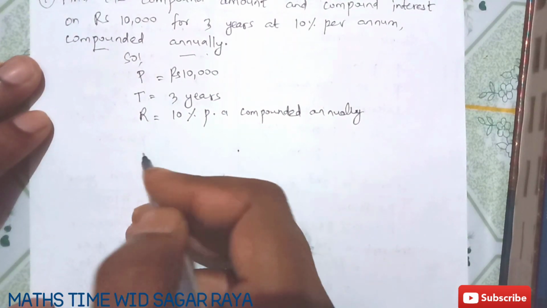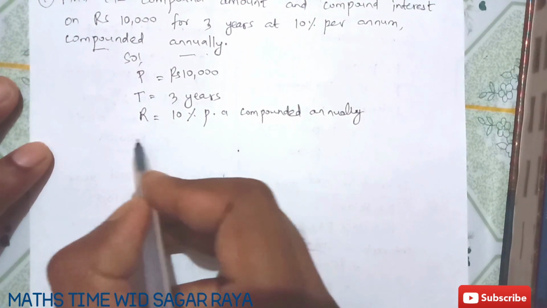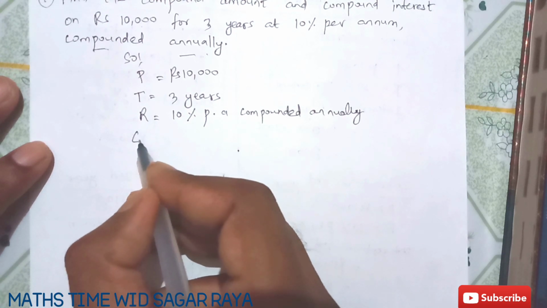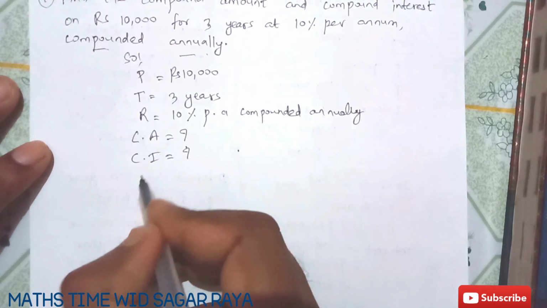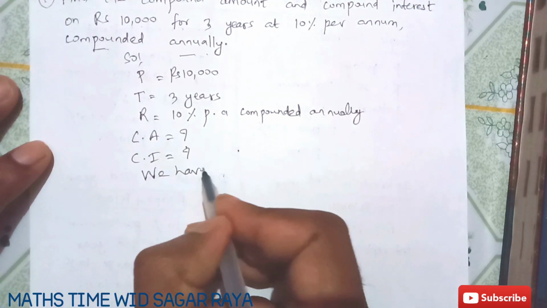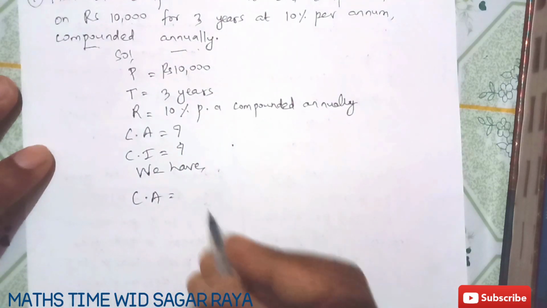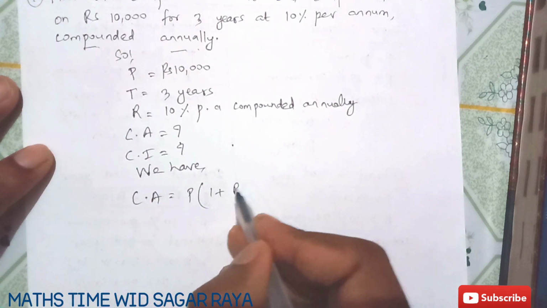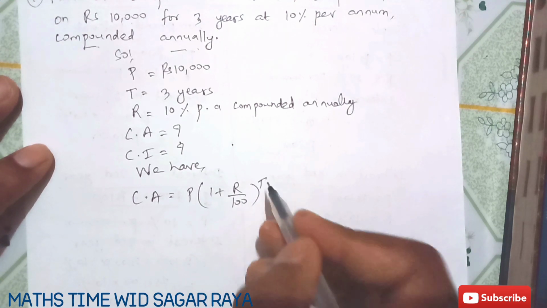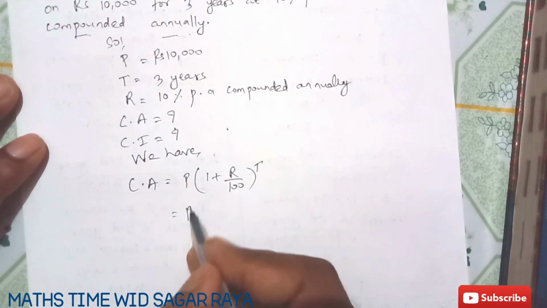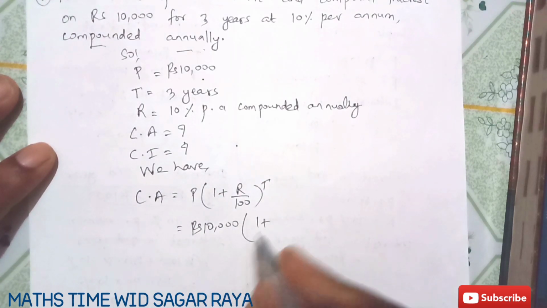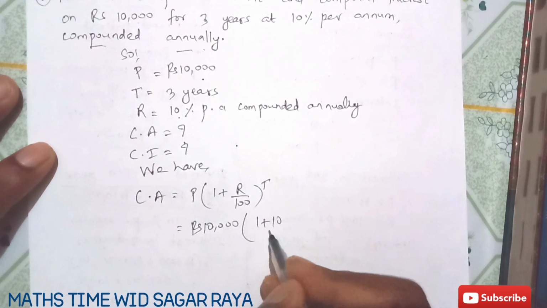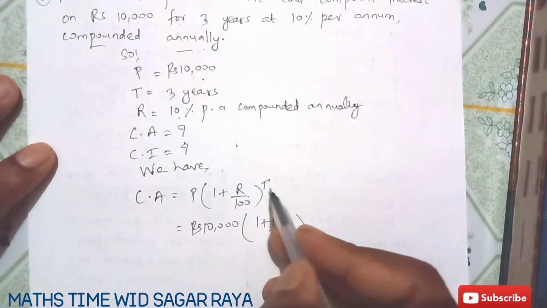Now I am going to use the formula of compound amount. So compound amount equals what, and compound interest also equals what. We have compound amount equals P times 1 plus R by 100 whole power T. So principal is 10,000. So 10,000, 1 plus R means rate is 10%, divided by 100 whole power T. T is given here 3 years.